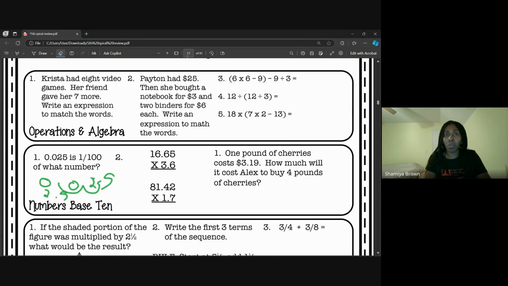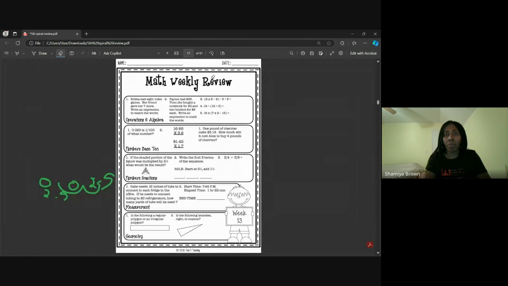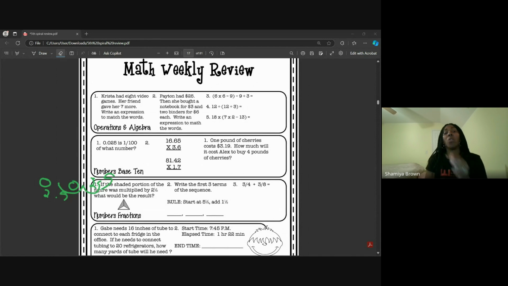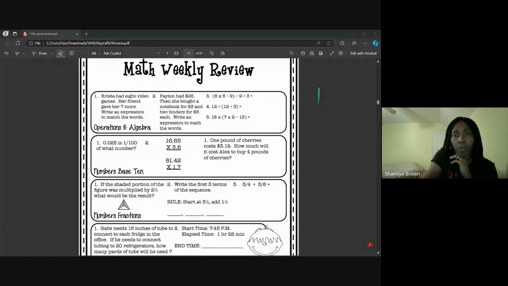I don't want to take up the whole page, so I'm going to do my work over on the side. 16.65 times 3.6.